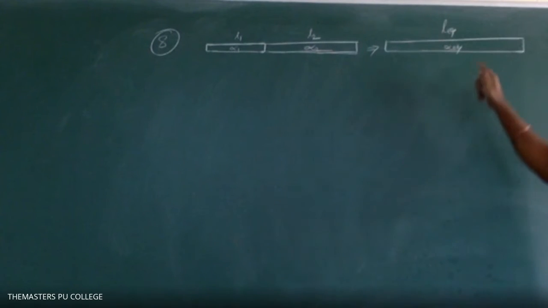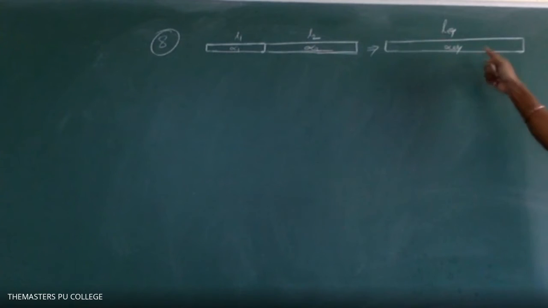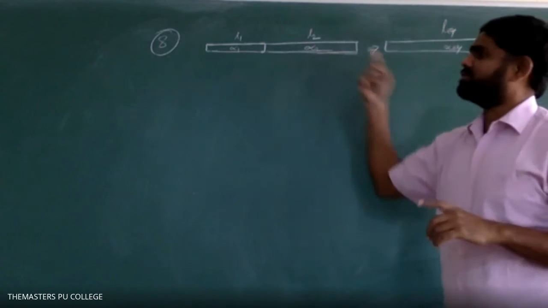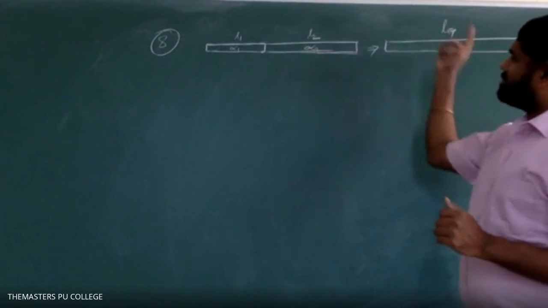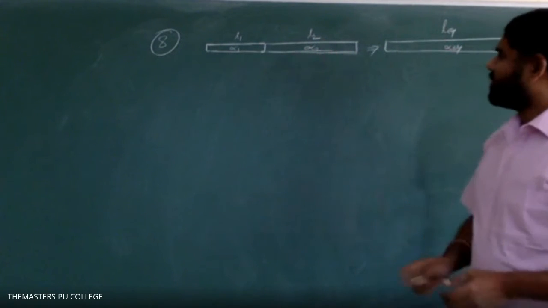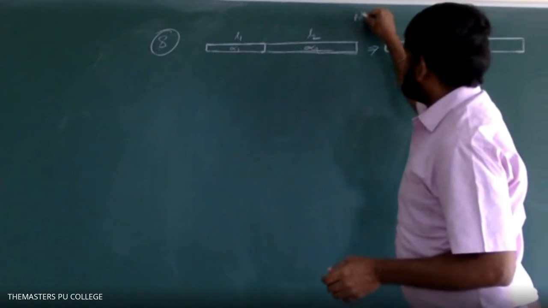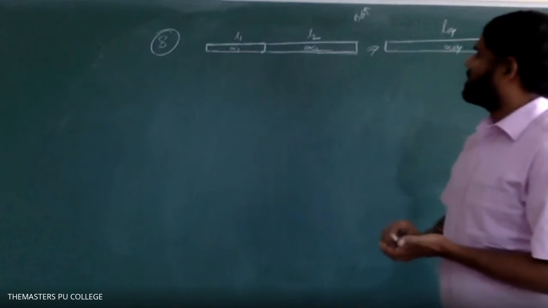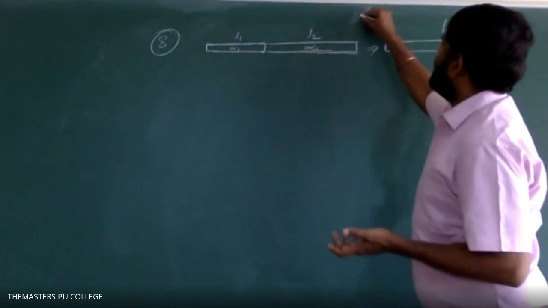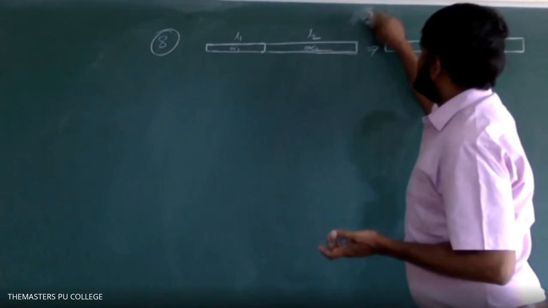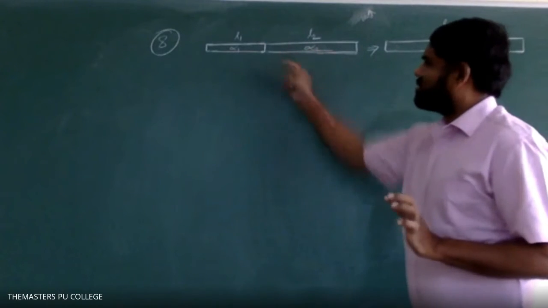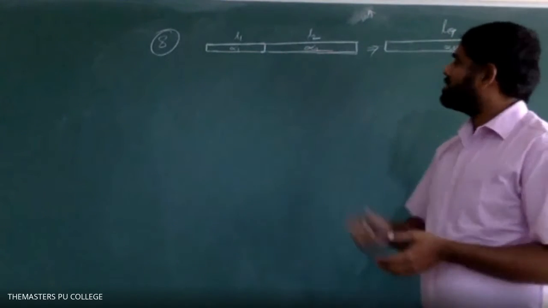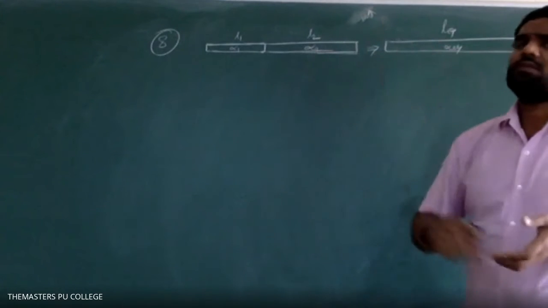What it means is that this equivalent rod can replace these two. This rod can replace these two means that for a delta theta range of temperature difference, for example, if 100 degrees temperature is raised, these two rods together expand by some amount, and the single rod will expand by the same amount.